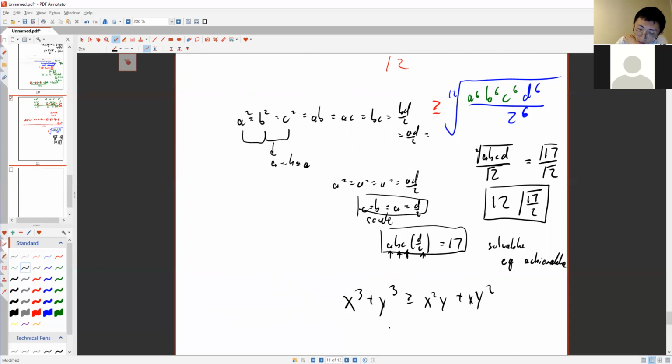So, there could be, let's say it's like alpha x cubed plus beta y cubed greater than x to the c, y to the d, and c plus d is 3.